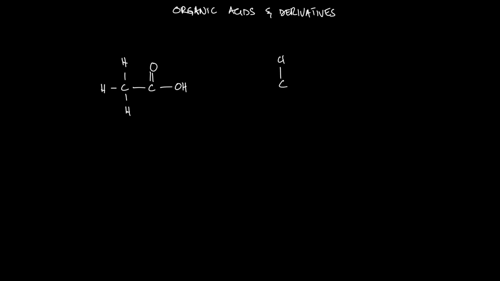Chloroethanoic acid means you have a chlorine atom bonded to the alkyl group over here, right? Now, which of these is more acidic? Chlorine is an electronegative atom, so it withdraws electron density away from the carboxyl group. So therefore, chloroethanoic acid is a stronger acid than ethanoic acid.